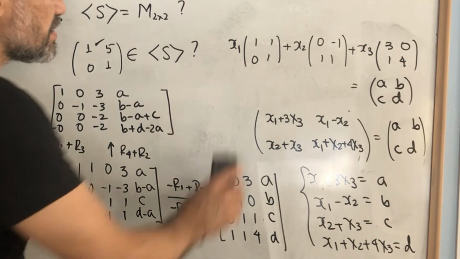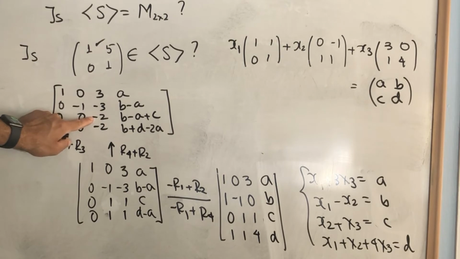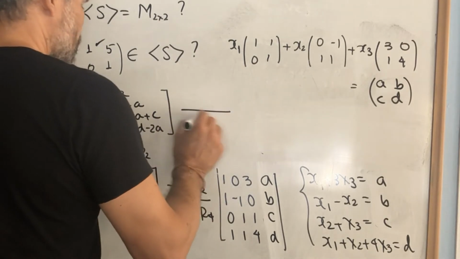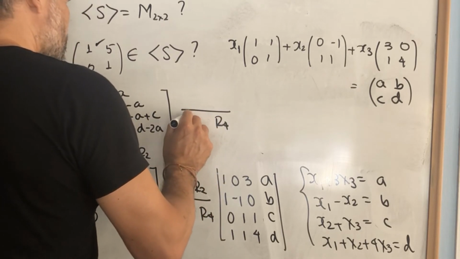Let me erase this. And finally, I can use this pivot to put a 0 here. And then I'm going to change row 4 by adding negative row 3.